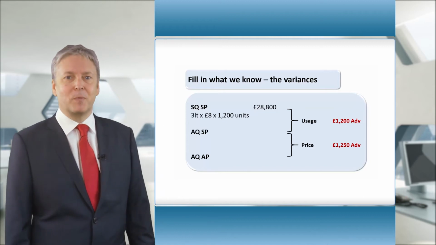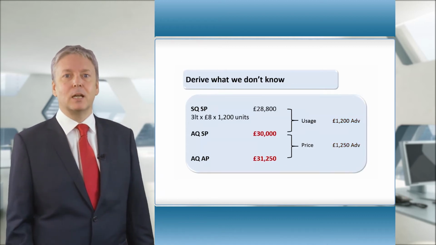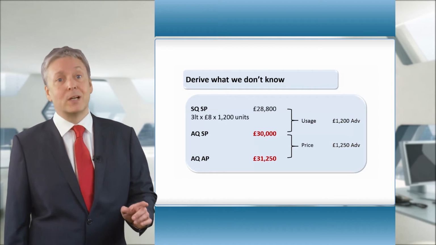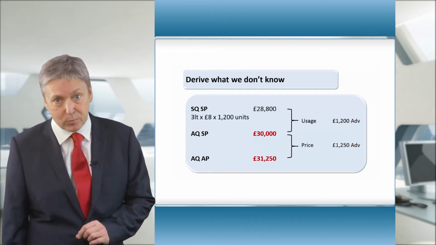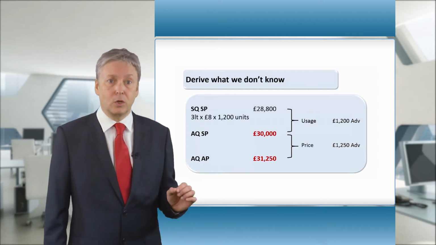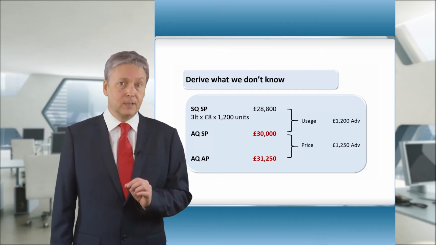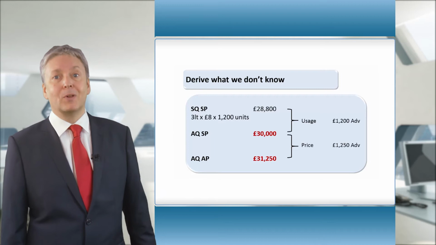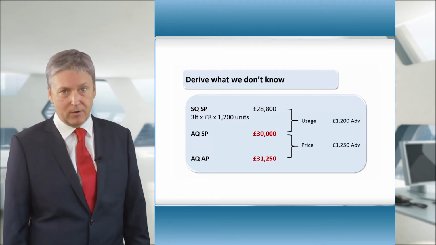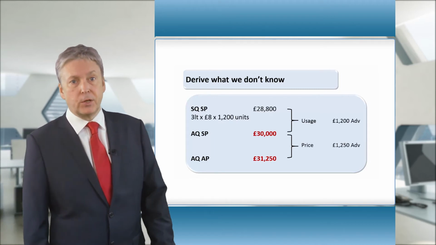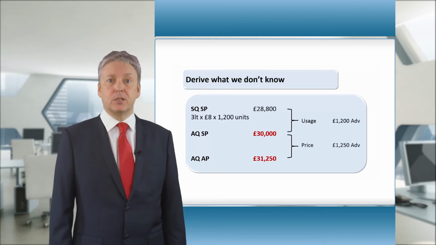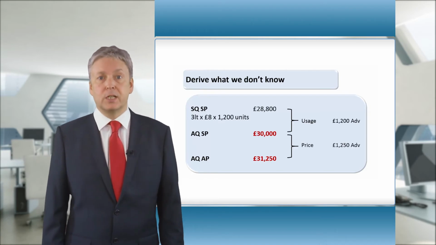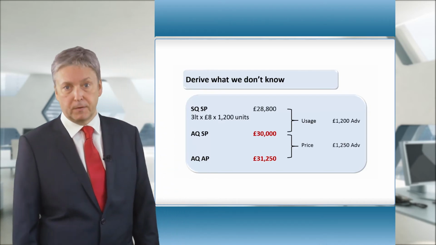And from that perspective, we can simply calculate what the actual quantity standard price is and what the actual quantity actual price is. Because it's adverse, to work from top to bottom, we will add back the variance. So we know that the actual quantity standard price is 30,000 and the actual quantity actual price is 31,250.